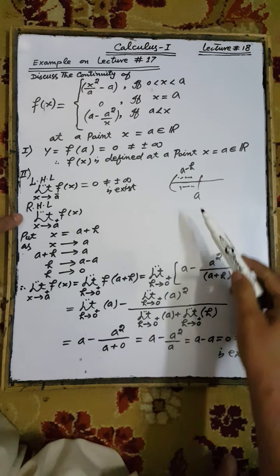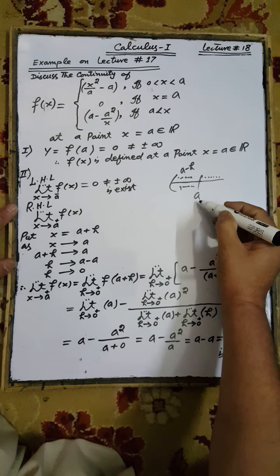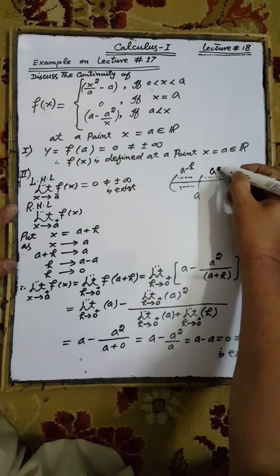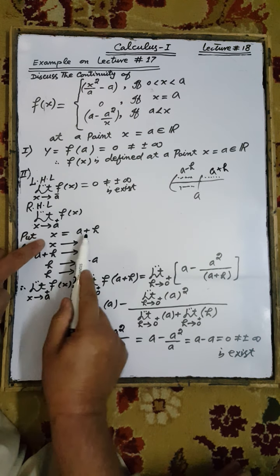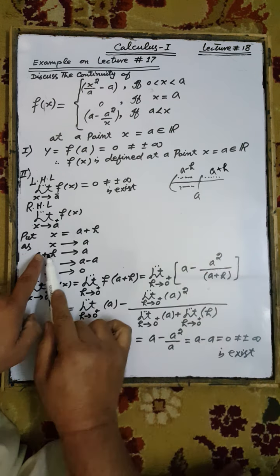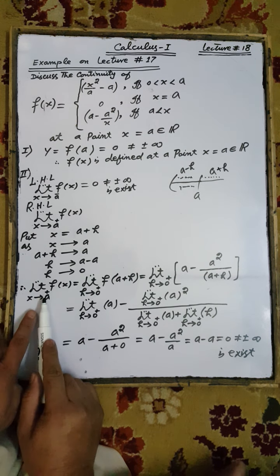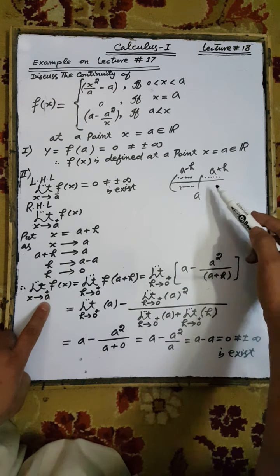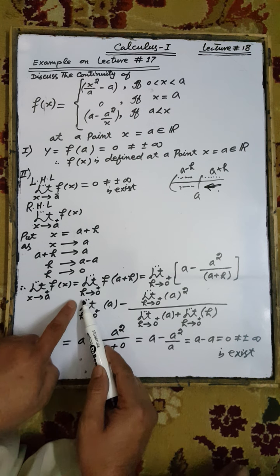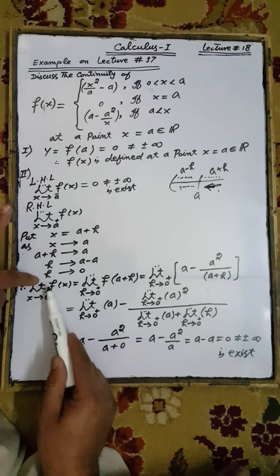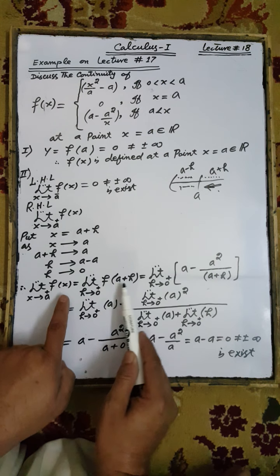Now, to calculate the right hand limit of the function, we bound the function to the right side of the neighborhood of the point a. The right side points of the neighborhood of a are in the form of a plus h. Therefore, we put x is equal to a plus h. As x tends to a, a plus h tends to a, h tends to 0. Therefore, limit f of x when x tends to a through the right side points of the neighborhood of the point a is equal to limit h tends to 0 of f of a plus h.